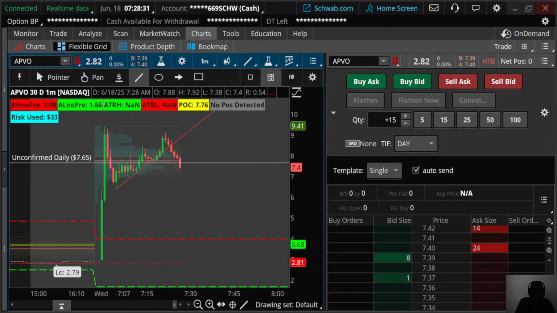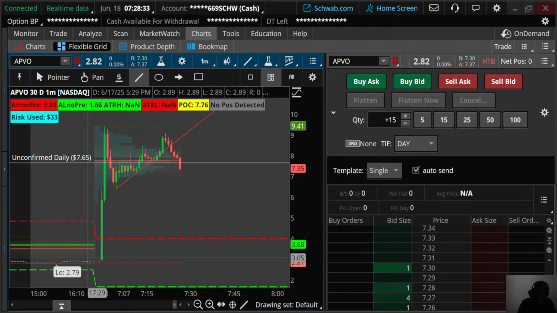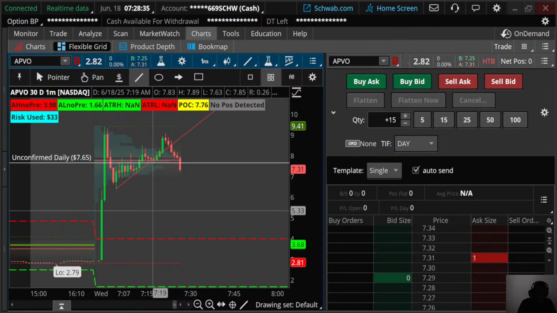Now what we need is to see if we can hold a higher low than this 639-ish level.